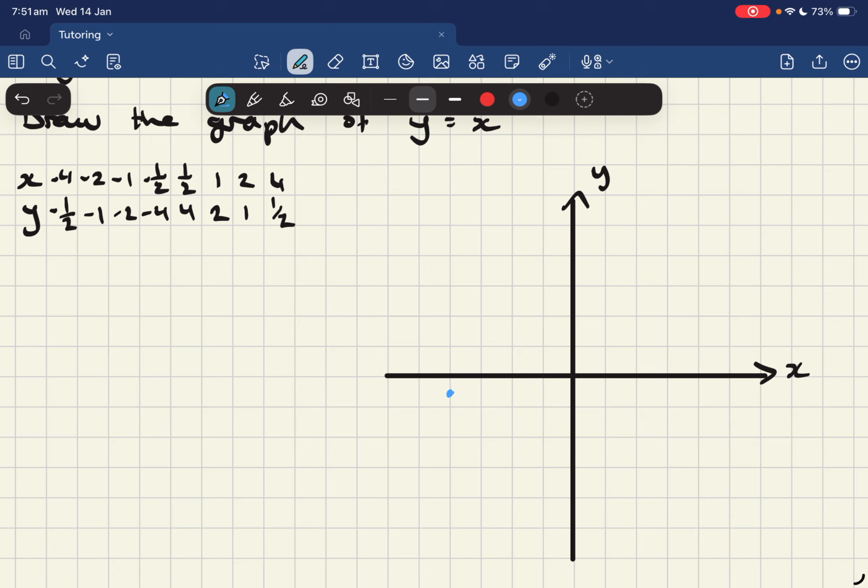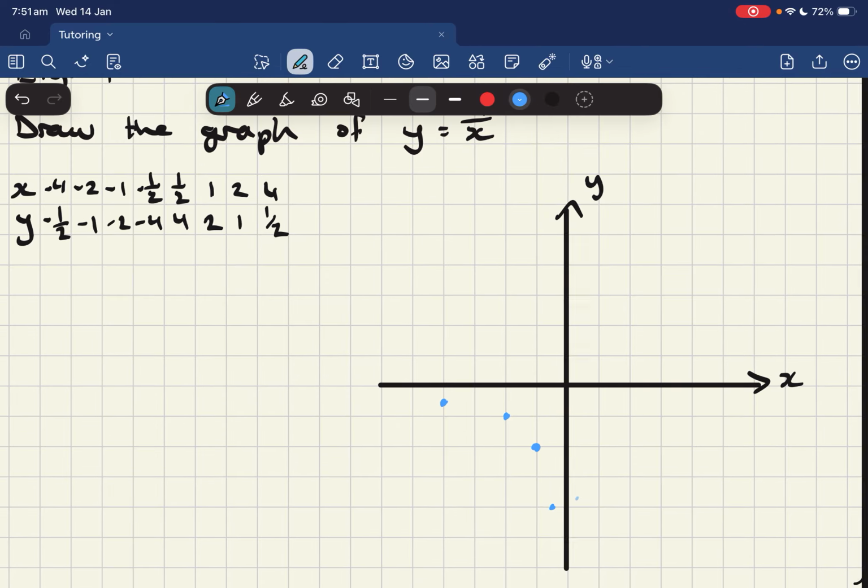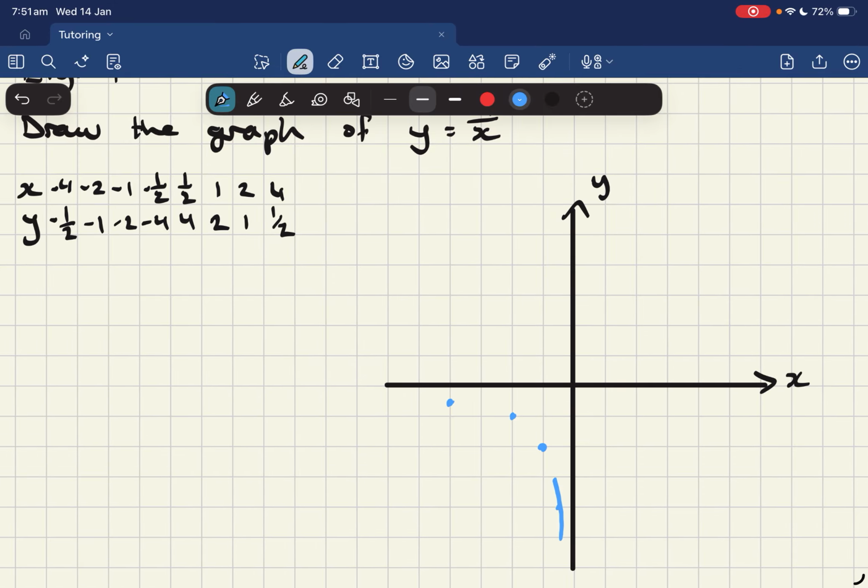When x is -2, y is -1. When x is -1, y is -2. And when x is -1/2, y is -4. Okay, so I'm going to join this up, drawing one continuous curve passing through these points.